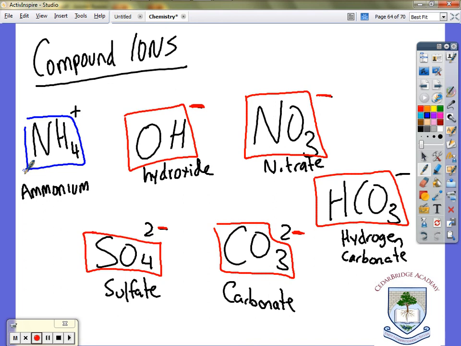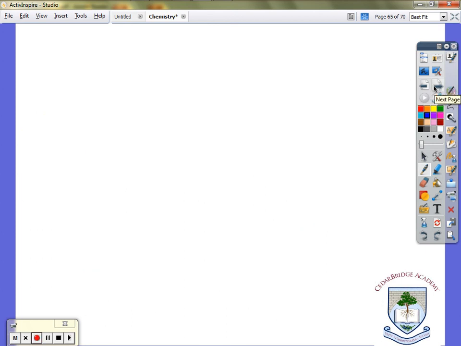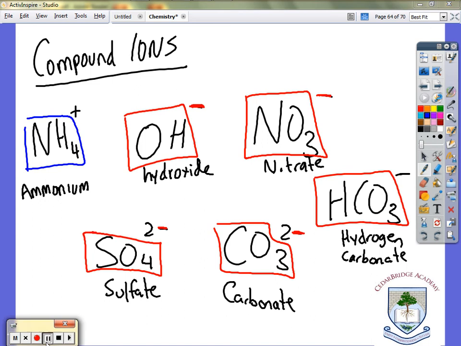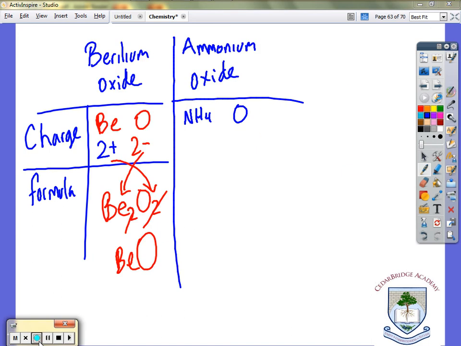So the same thing happens. And when we use chemistry and symbols to show our package, we use brackets. So let's do it again on this side. Let's make ammonium oxide. Alright? So boom. Ammonium oxide we set about the same way.